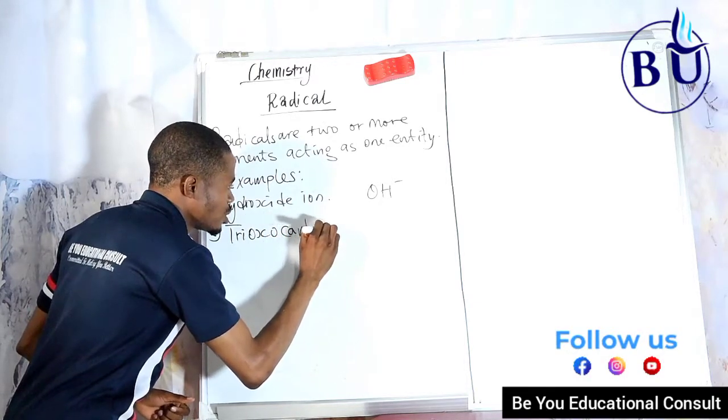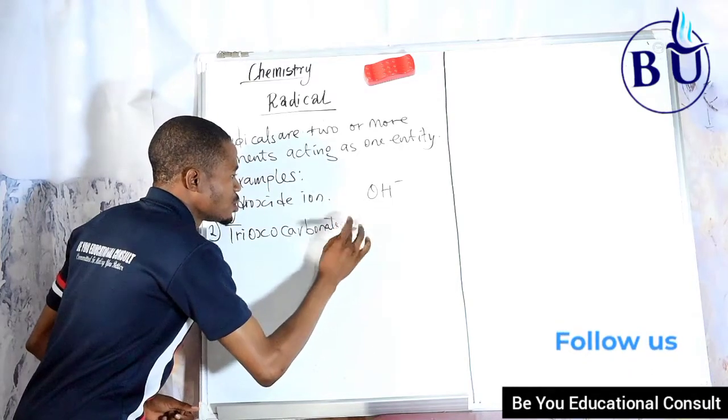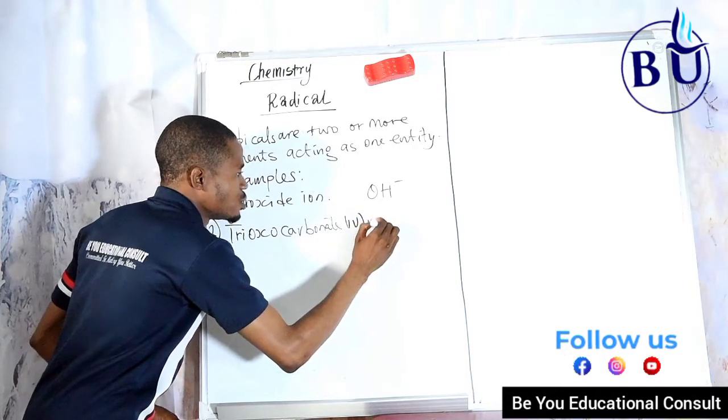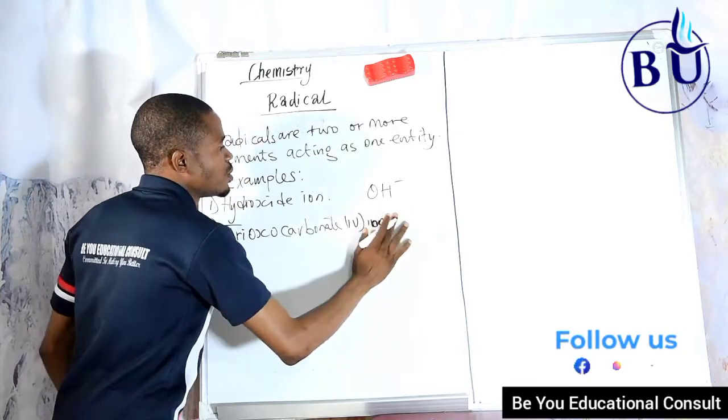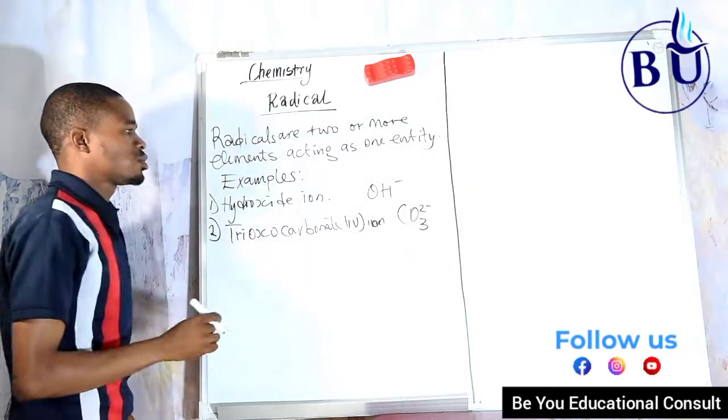Trioxocarbonate(IV) ion, which we can represent with this, CO3 2 minus.